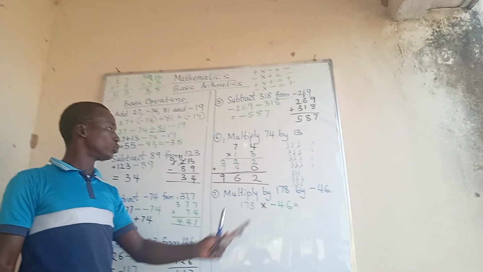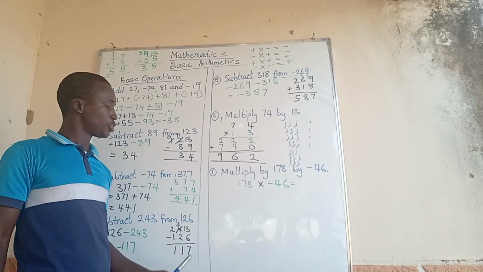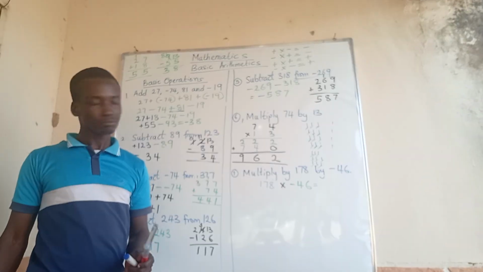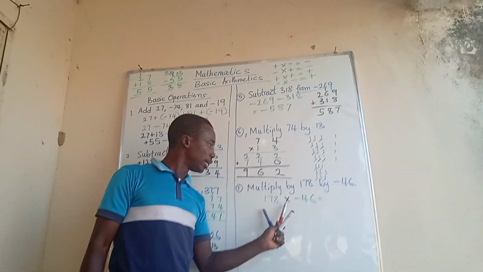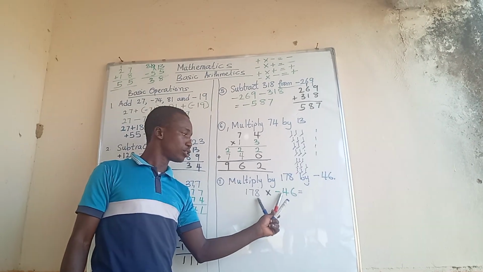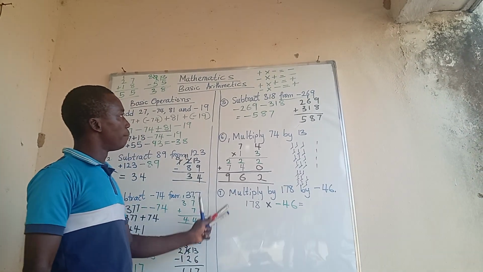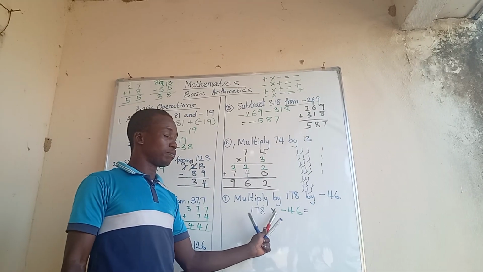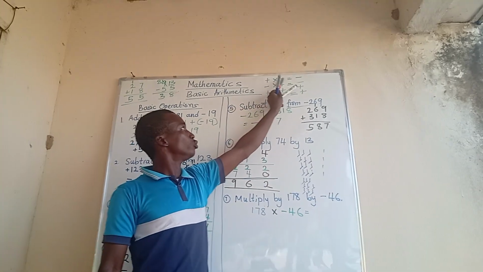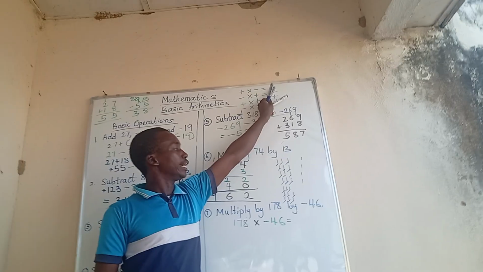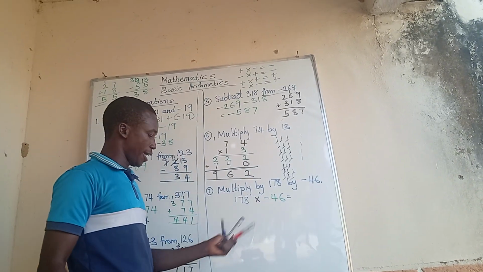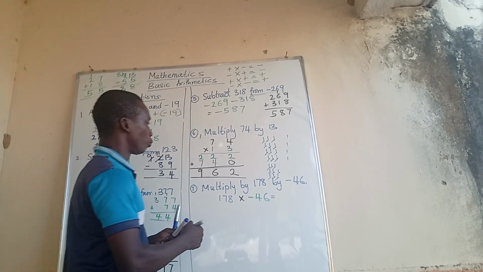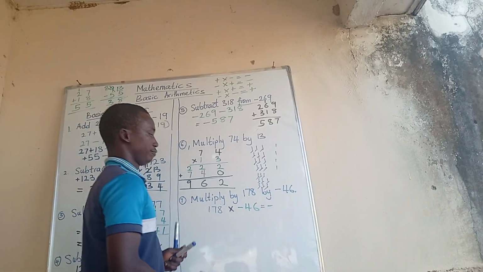So let's come down to this multiplication. Now we have 178 multiplied by minus 46. Remember that we say positive multiplied by negative is going to give us negative. So that means here our answer is going to first be negative.